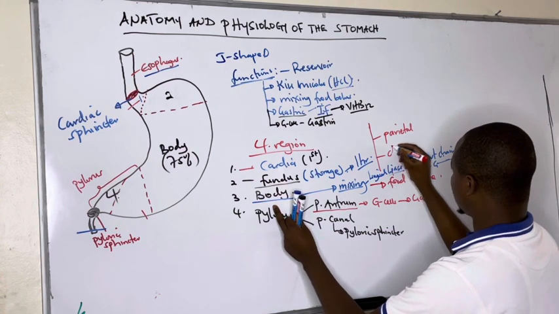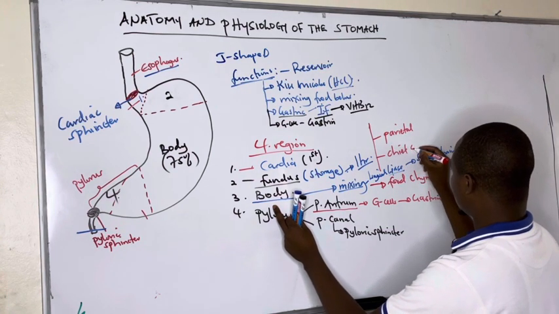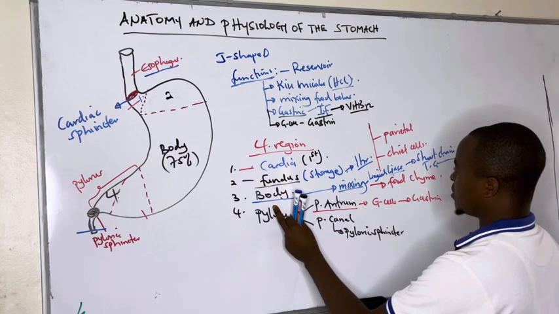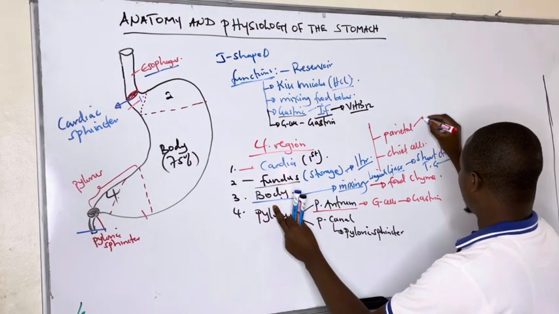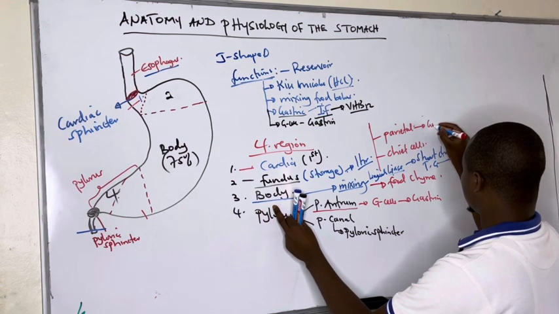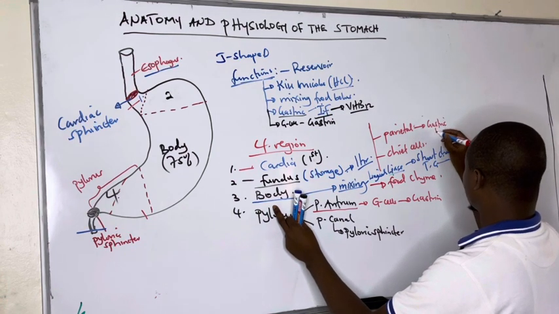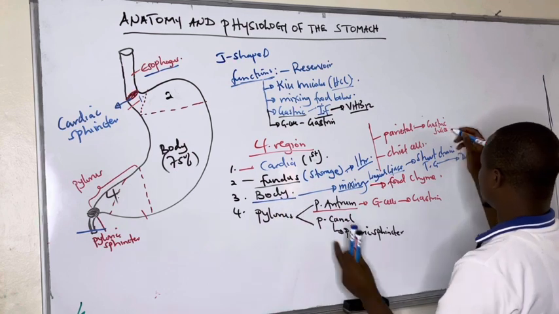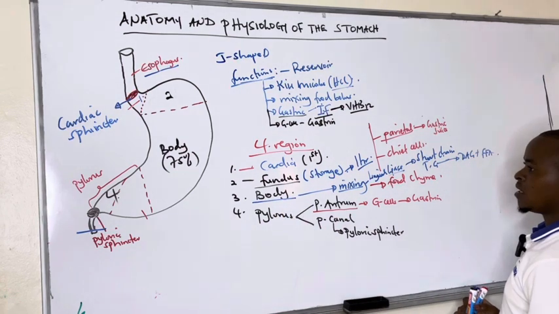Then we shall see also chief cells. And these parietal cells are the ones that release gastric juice. Gastric juice is produced from the parietal cells.